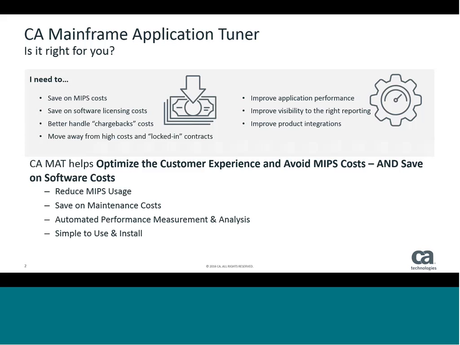A lot of our customers are utilizing MAT as part of their DevOps process as well. Certainly key to this is the ability to use MAT to identify inefficient applications and help organizations ultimately reduce their MIPS usage, and that allows them to save on maintenance costs and software licensing. So MAT has become a very key part of our customers' application performance initiatives, and we look forward to showing you more about our capabilities on this call today.